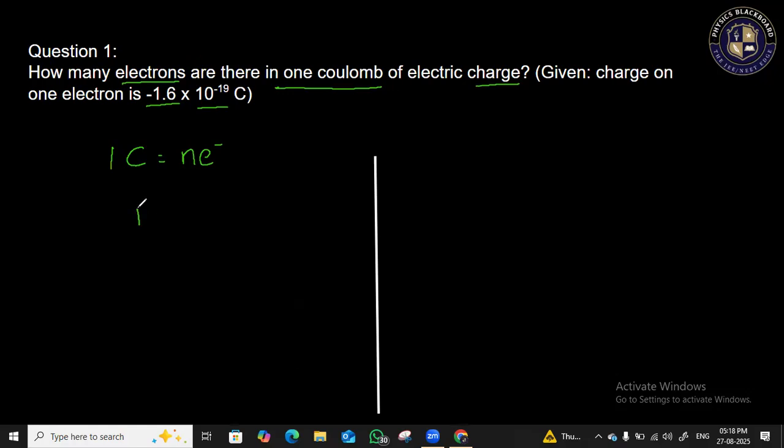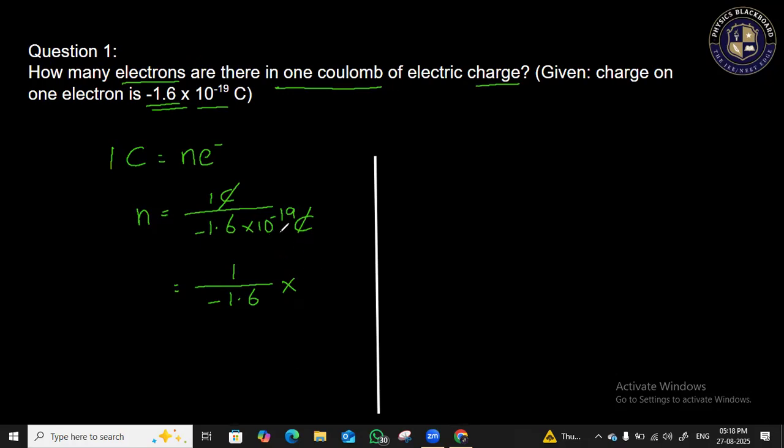Now, here n is the number of electrons, and we need to find how many electrons are needed to develop 1 coulomb of charge. You know that the magnitude of 1 electron is taken as minus 1.6 into 10 power minus 19 coulombs. Here the coulomb unit gets cancelled, and finally we get minus 1.6 into 10 power minus 19.